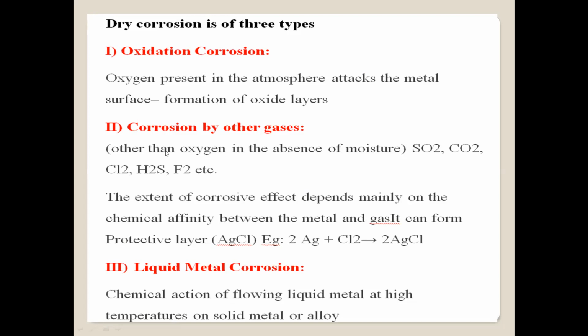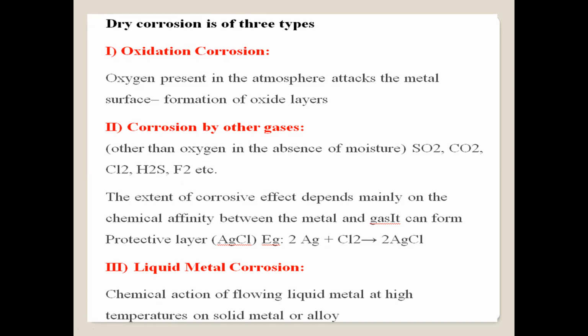Corrosion by other gases, that is gases other than oxygen present in the atmosphere, such as SO2, CO2, Cl2, H2S. And third, liquid metal corrosion, the chemical action of flowing liquid on metal at high temperature.